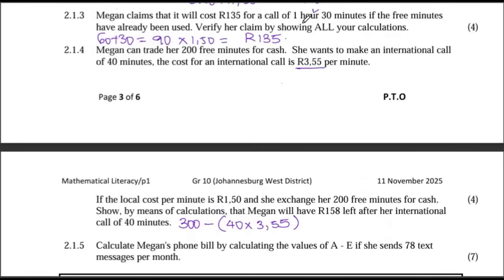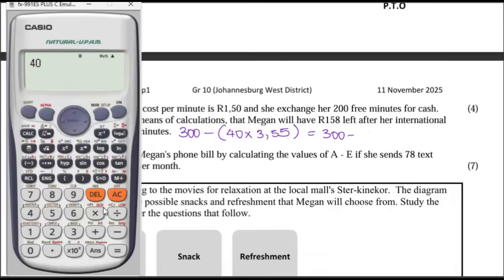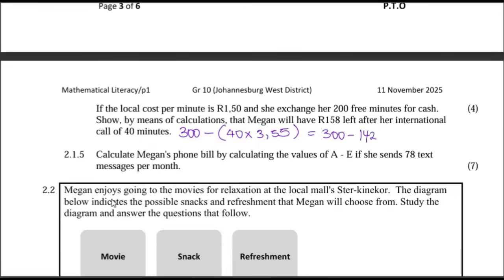So now this is 300 minus 40 times 3.55, subtracting 142.